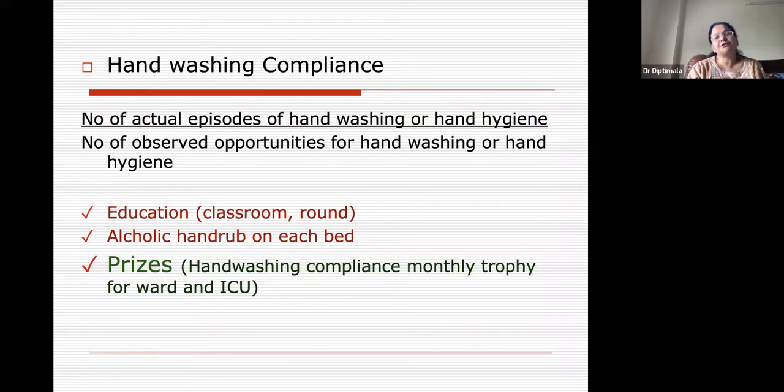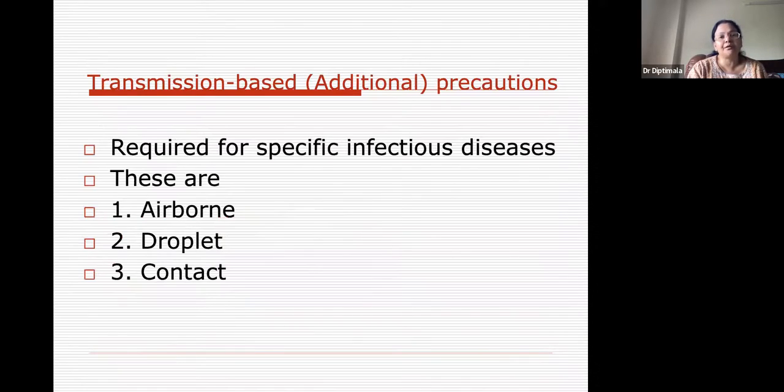And to encourage your staff, the NS, ANS, or the intensivists, they all have regular meetings, classes, discussions, in which monthly trophies or awards are given. So a hand washing compliance monthly trophy is, I will say, a good boost to the staff who are performing in the ICU.